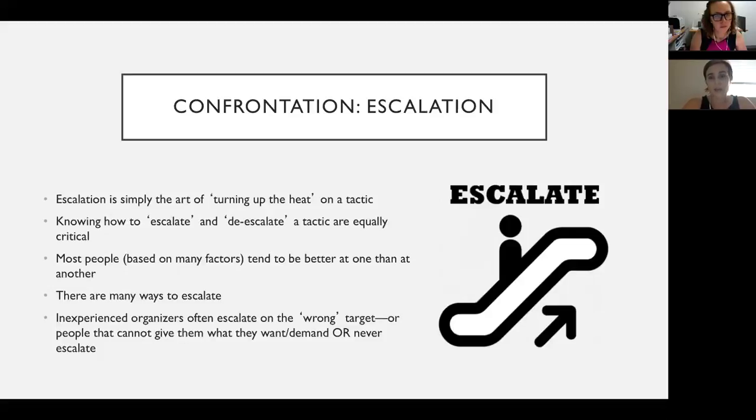So confrontation, what is escalation, right? Escalation is simply the art of turning up the heat on a tactic, right? You do a sit-in at a police precinct. You stay for 2 hours. 2 days later, you stay overnight. You come in with camera crews the second time you go.